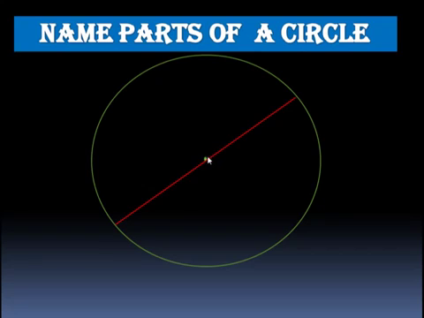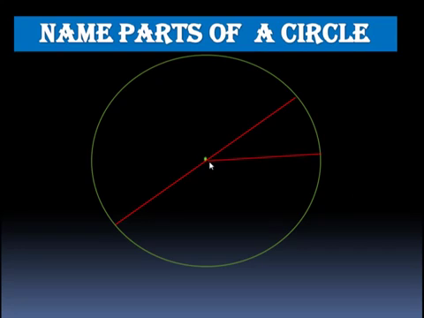Now, what if we want to half the diameter? In other words, we start from the circumference and go towards the center of the circle. Then we will have what is known as a radius. It's a half of the diameter. So we have 2 radii that make up a diameter. A diameter consists of 2 radii.